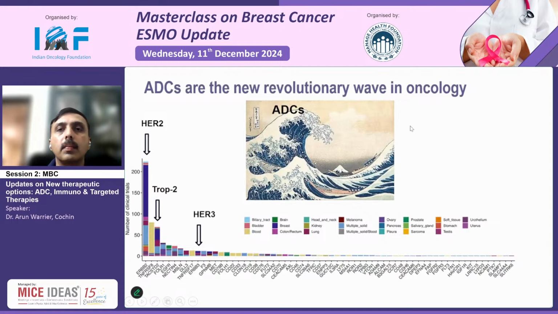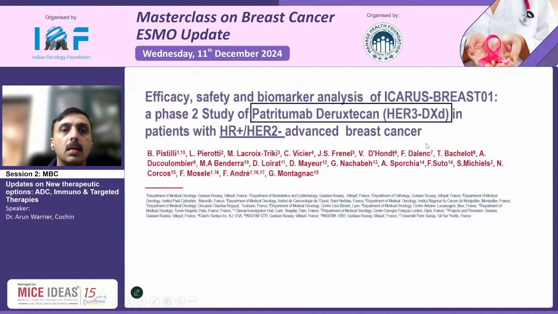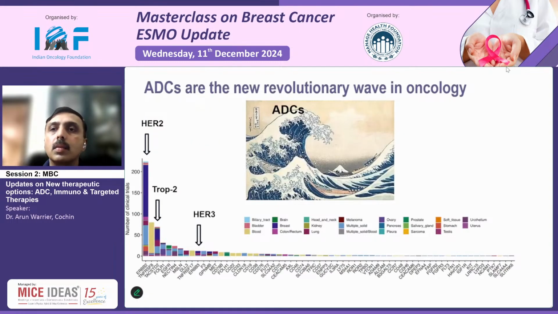So ADCs are a new revolutionary wave in oncology, and we have a lot of antibody drug conjugates. HER2, TROP2, and HER3 are the main players as of now, and they are being used across a lot of solid tumors also.